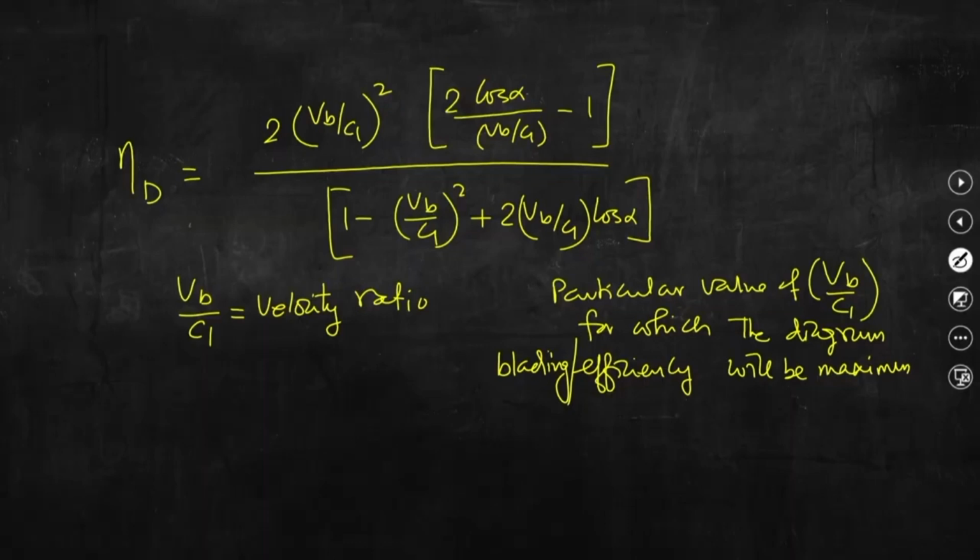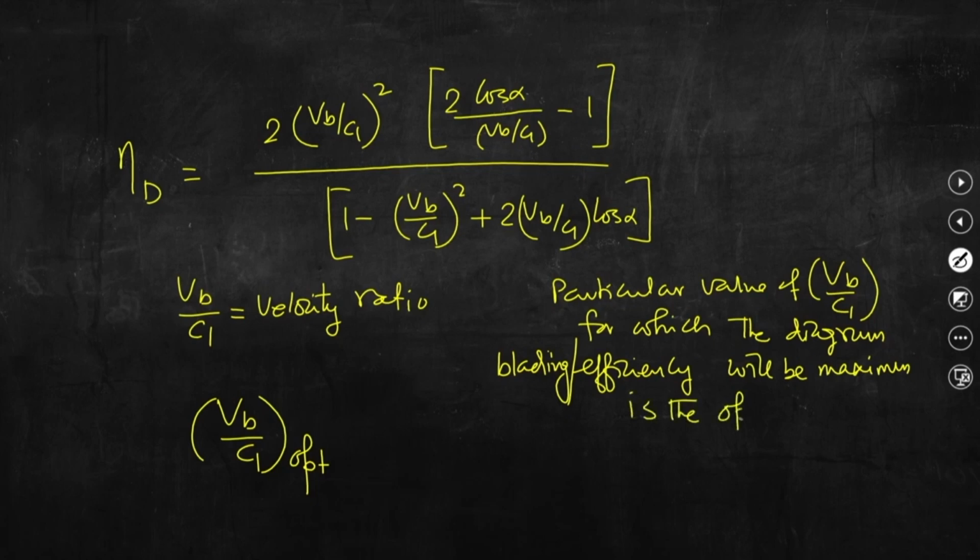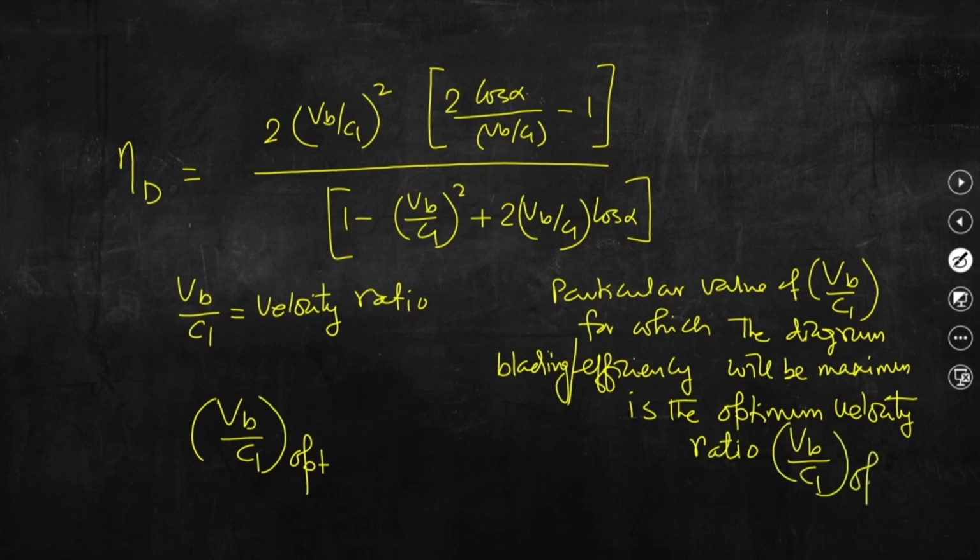We will be getting Vb by C1 optimum. The particular value of Vb by C1 for which the diagram efficiency will be maximum is the optimum velocity ratio, that is Vb by C1 optimum, and for this particular case it is cos alpha.